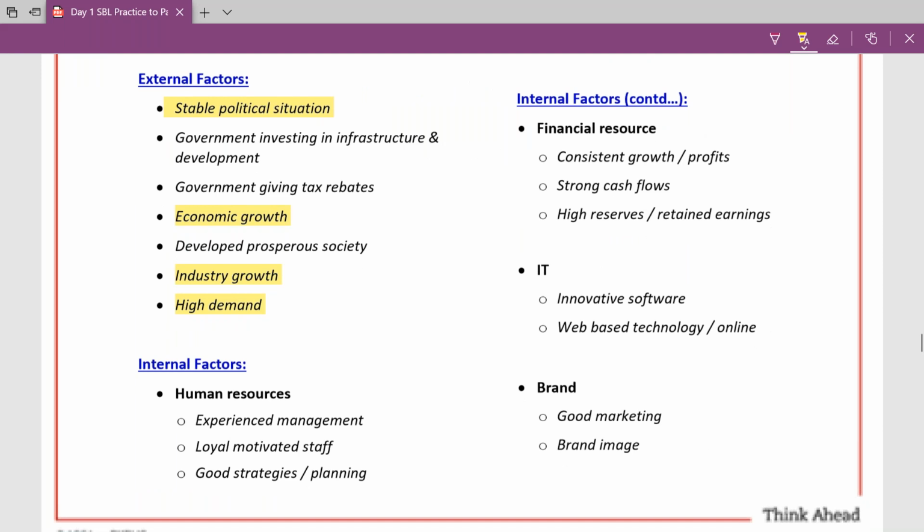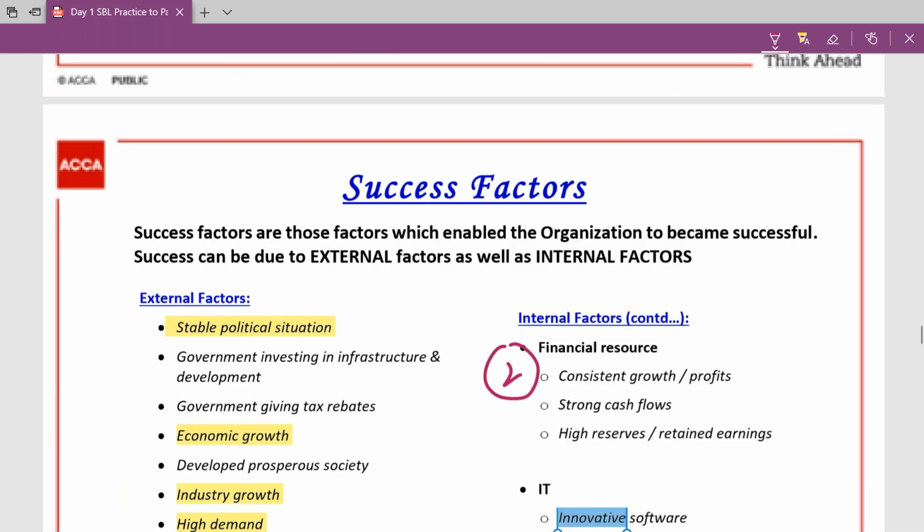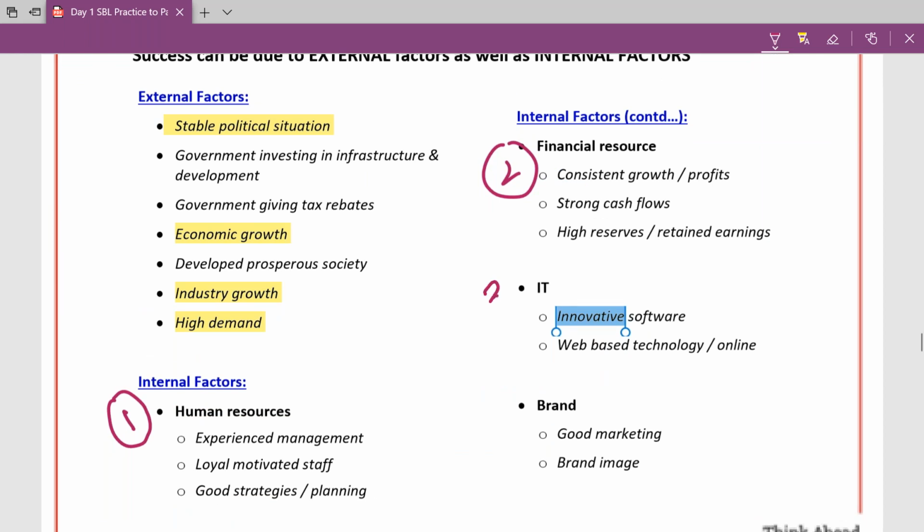When we talk about internal factors, please remember 4 things. I repeat, whenever we talk about internal factors, please remember 4 things. Number 1, human resource. Number 2, financial resource. Number 3, IT. And number 4, brand.